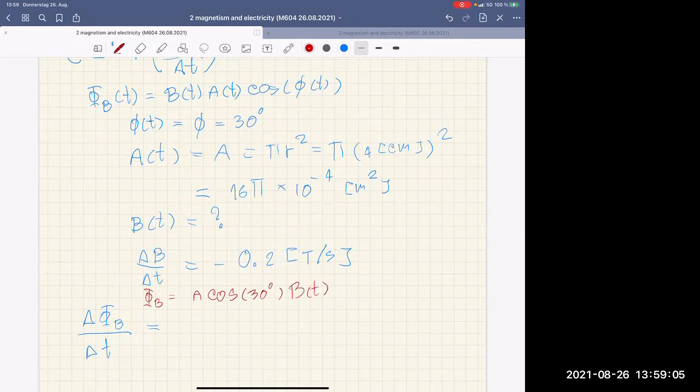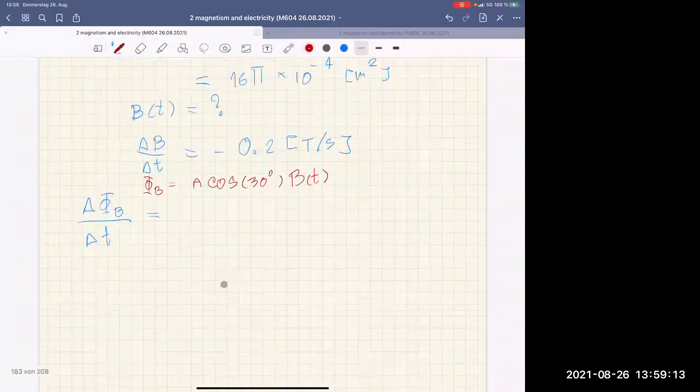We would say the functional amounts at the end, because these two quantities are constants, so delta phi B will be A cosine 30 degrees and delta B, over delta t.